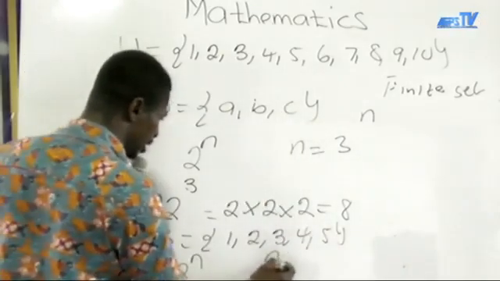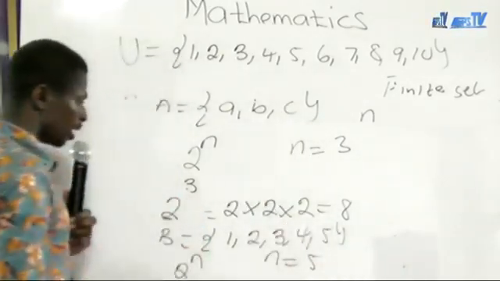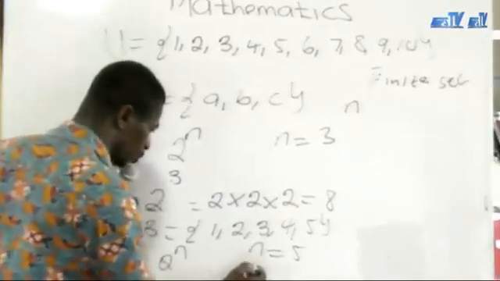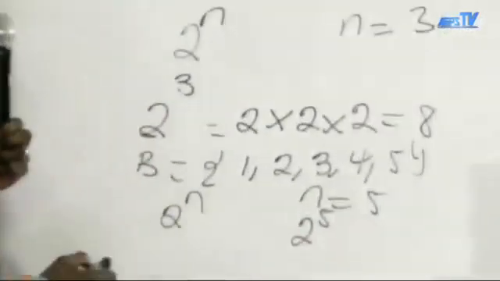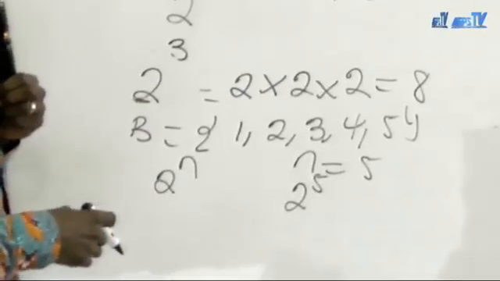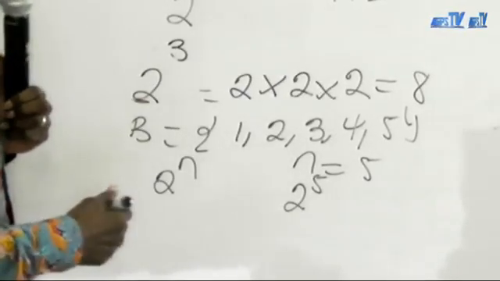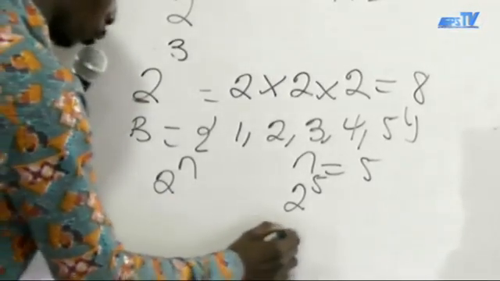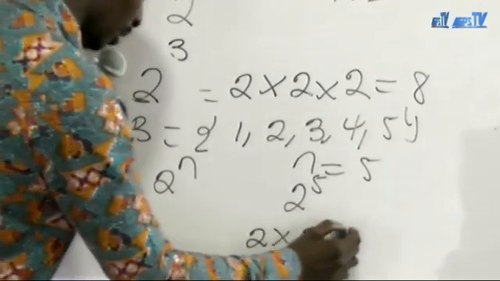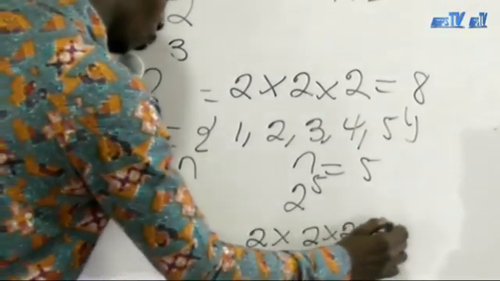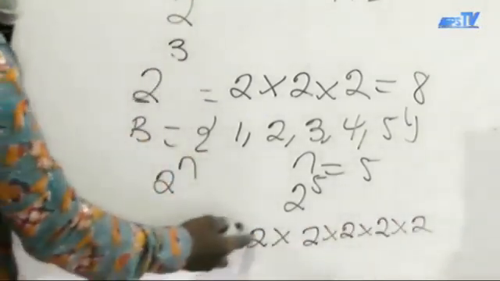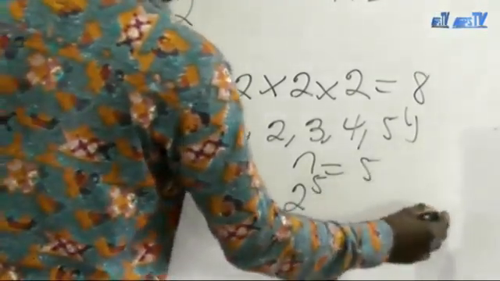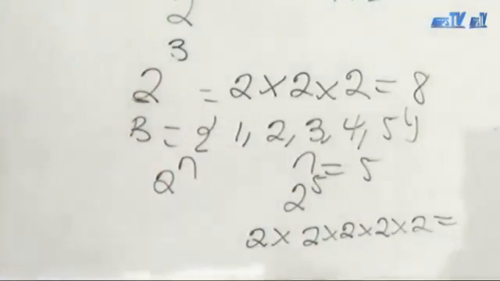Therefore, our n is equal to 5. It means that we are going to have 2 raised to the power 5. And so we are going to multiply 2 by itself 5 times. And so we are going to have 2 times 2 times 2 times 2 times 2. So we have 1, 2, 3, 4, 5. And our answer is going to be the number of subsets we can form.